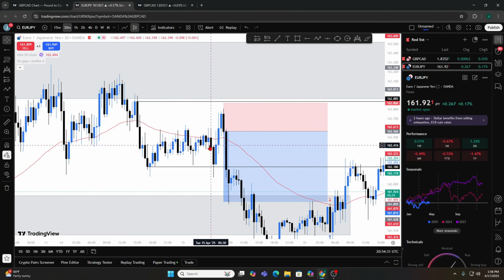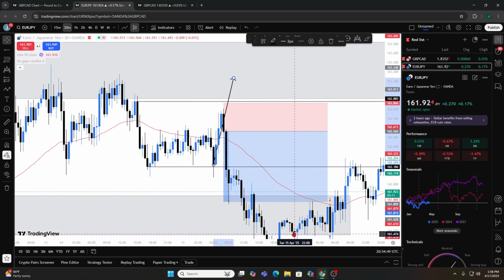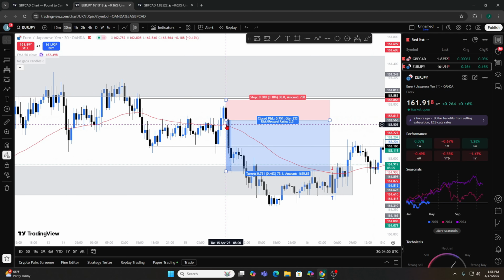We could have had a more basic pullback to the area of interest to then have a break. Basically we would have broken above this and above the higher low. We could have gone bullish to then go bearish over here and then down. That's also something that could have happened. Obviously this one was a good, perfect entry signal, so we took it.